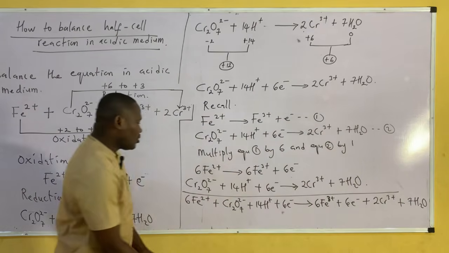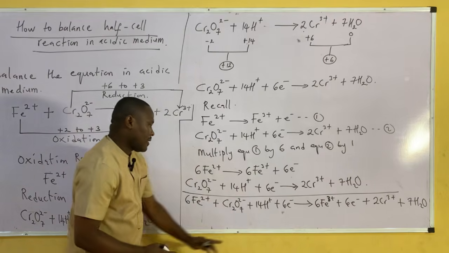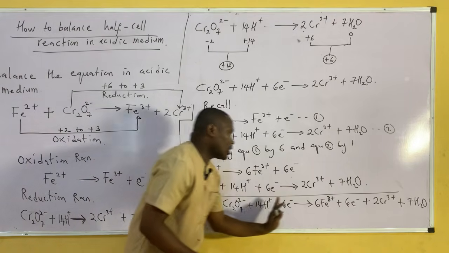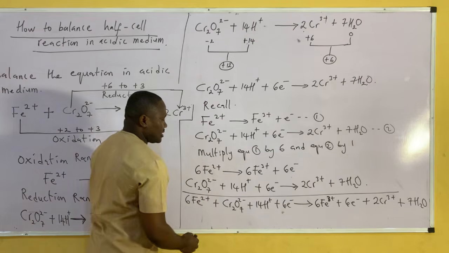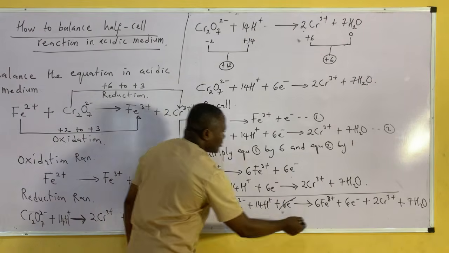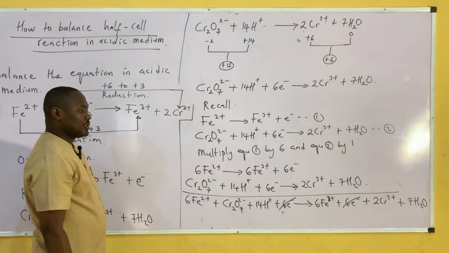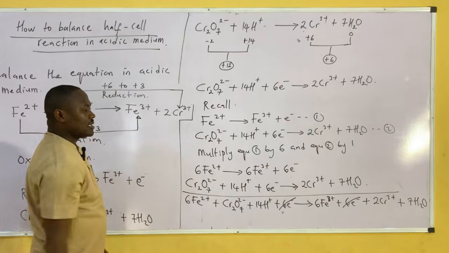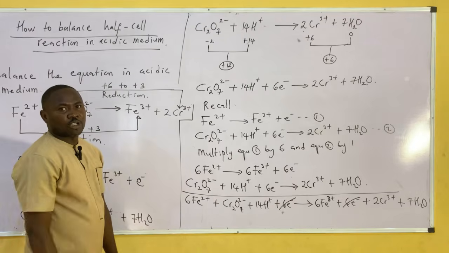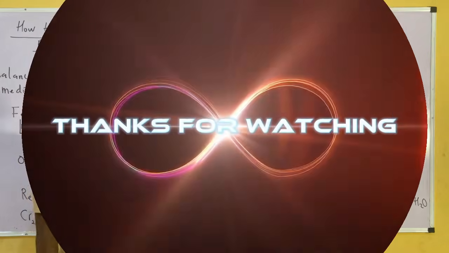Now, if you check the reactant side, I have 6 electrons. If you check the product side, I have 6 electrons. So 6 electrons cancel out 6 electrons. Then the final balanced reaction will be everything you have there in the reaction.